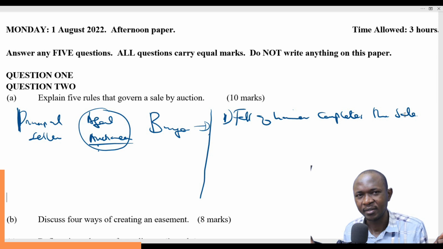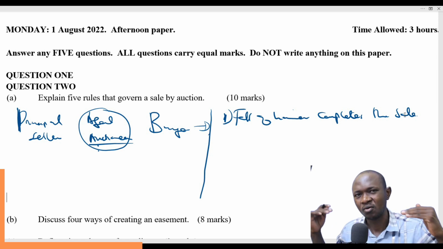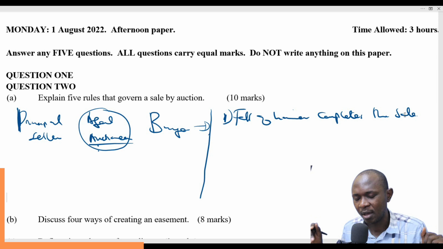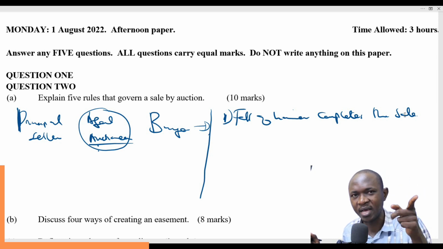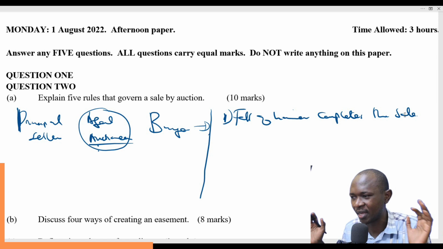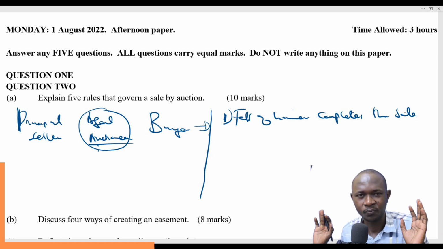Now, the fall of hammer is when the auctioneer confirms that this auction is over and this is the highest bidder. The moment he confirms this is the highest bidder, we say that the hammer has fallen, and that is equivalent to the sale.